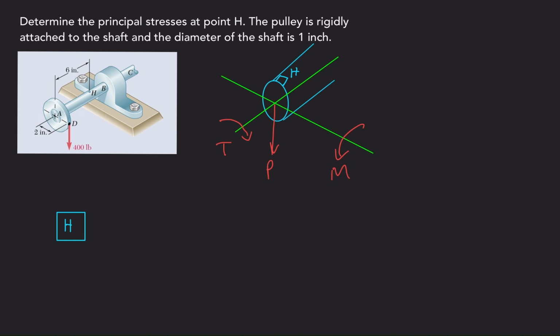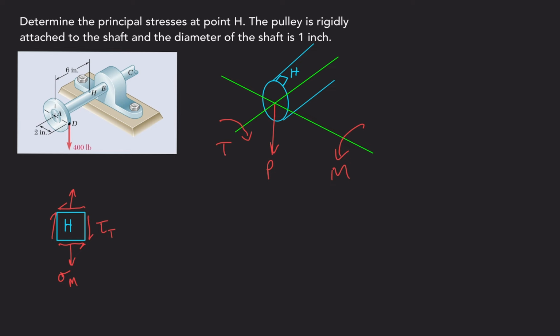The bending moment is causing tension on the stress element, or bending normal stress. And the torque is causing shearing. So there will be a shear stress acting on this element. Call that tau T. And in this planar element, there really are no other stresses acting in this region.